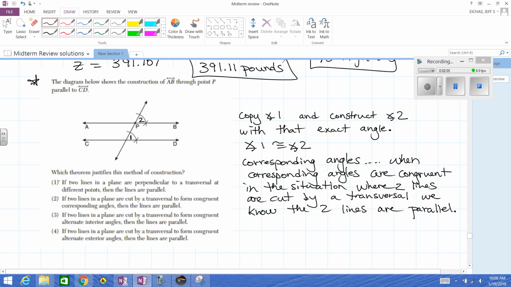Let's see, I don't think perpendicular is being demonstrated, so get rid of that one. Congruent corresponding angles, that looks good. Let's just read the rest to make sure. Alternate interior, those are not alternate interior, but if they were, and they were constructed in a similar way, that would work as well. Alternate exterior, no, it is in fact corresponding.